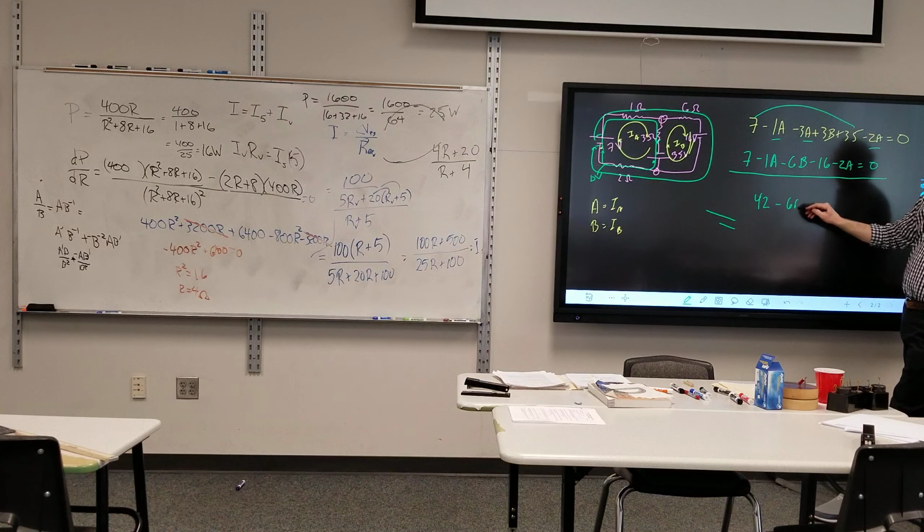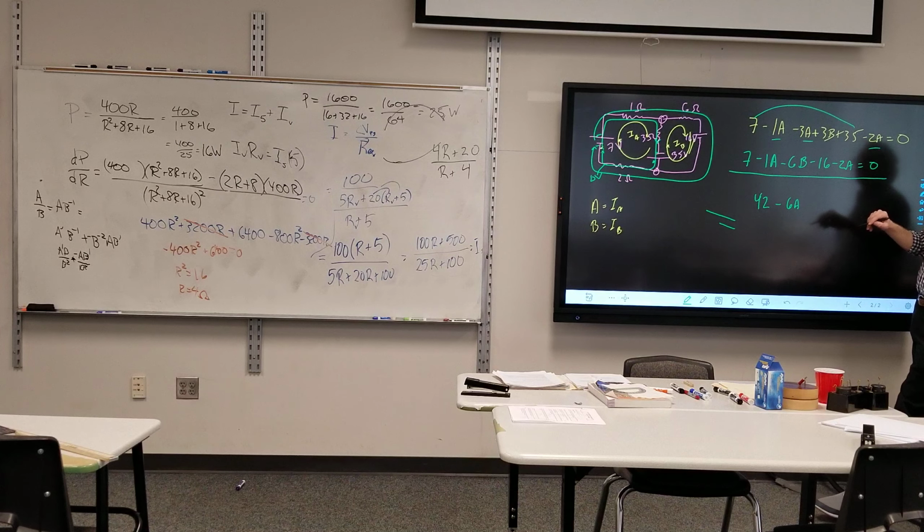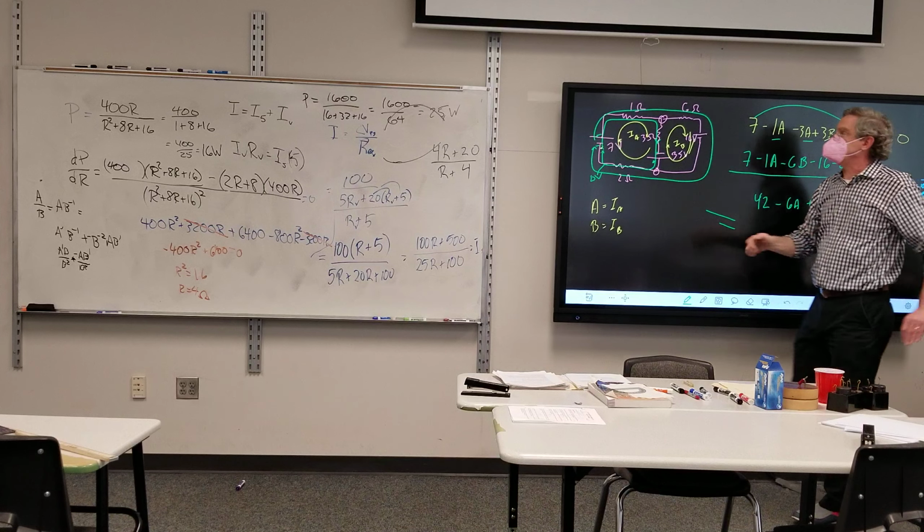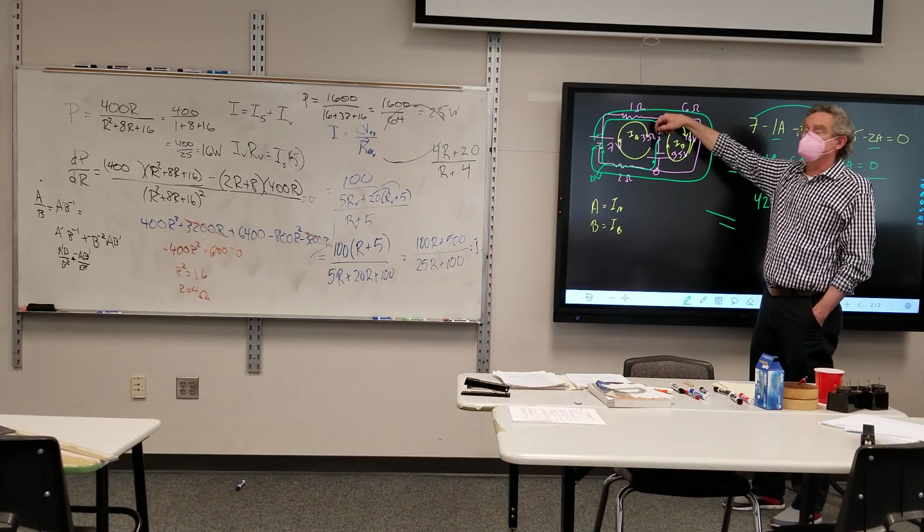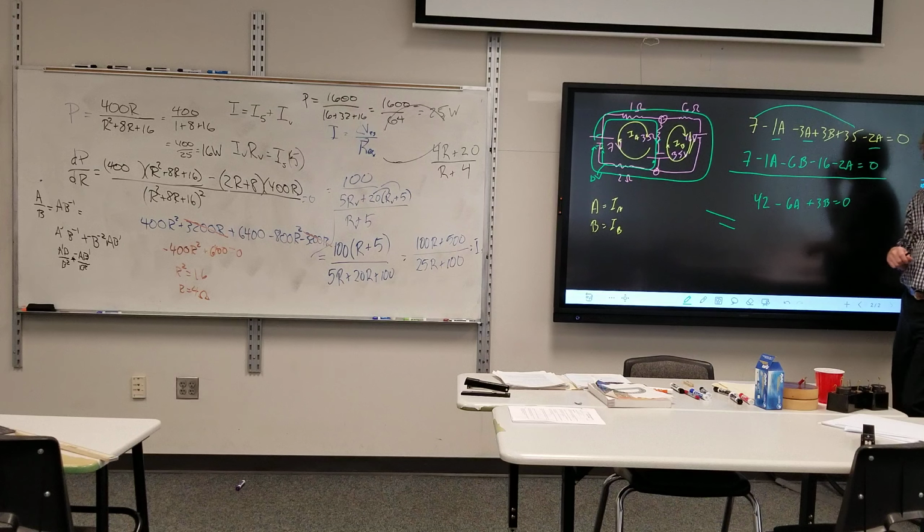No, 6A. Did I make a mistake? Wait. Aren't the A's and B's flipped? Isn't it -6? If I'm going with the current, I'm going downhill, I'm losing potential. So I'm going with A, so I'm losing potential, so that's minus. Okay, that makes sense. Sorry.